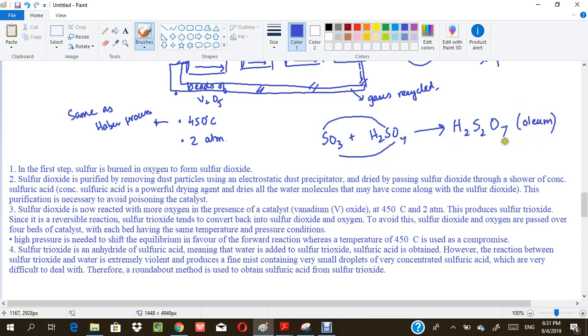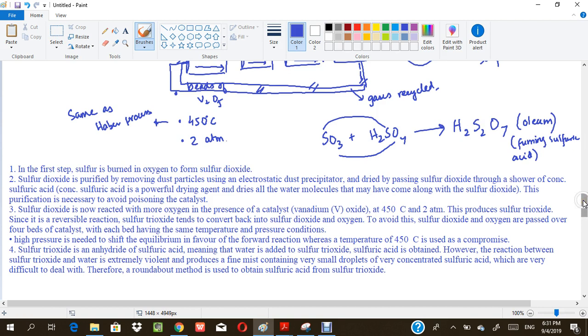Oleum is also called fuming sulfuric acid. And since it's a very viscous, thick liquid with an oil-like consistency, it is also called oil of vitriol, right?